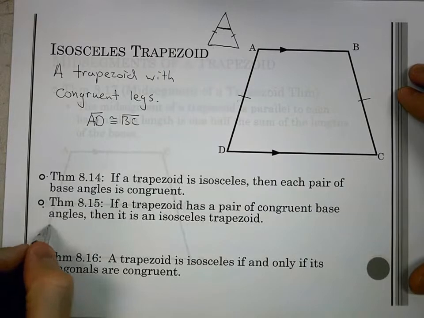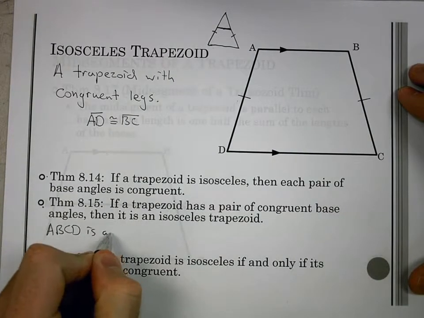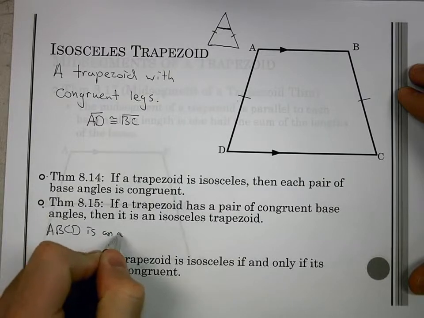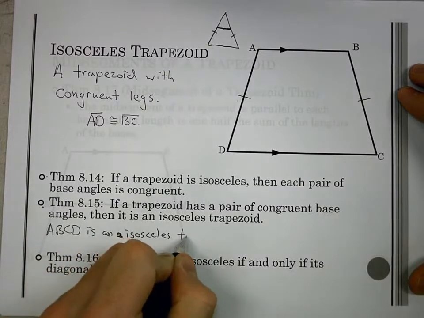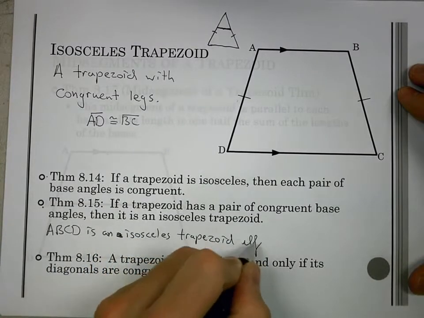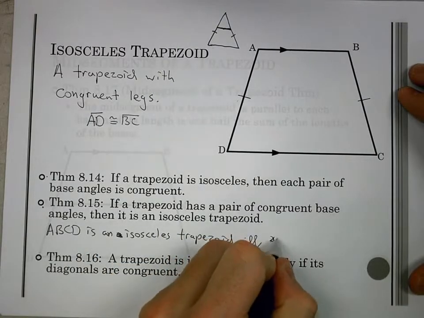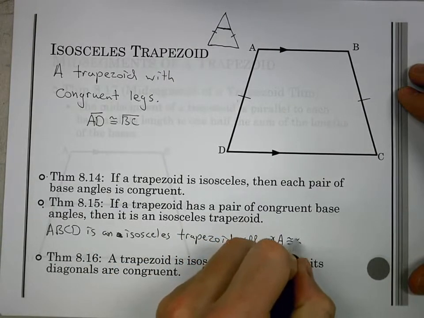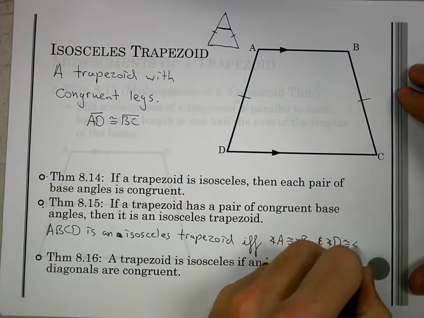I'm going to sum that up as a biconditional statement: ABCD is an isosceles trapezoid if and only if, remember we use that for biconditional statements, angle A is congruent to angle B and angle D is congruent to angle C.